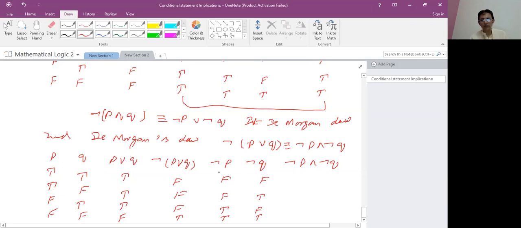And when we join together with the help of the AND operation, 0 and 0 is 0, 0 and 1 is 0, 1 and 0 is 0, and 1 and 1 is 1.